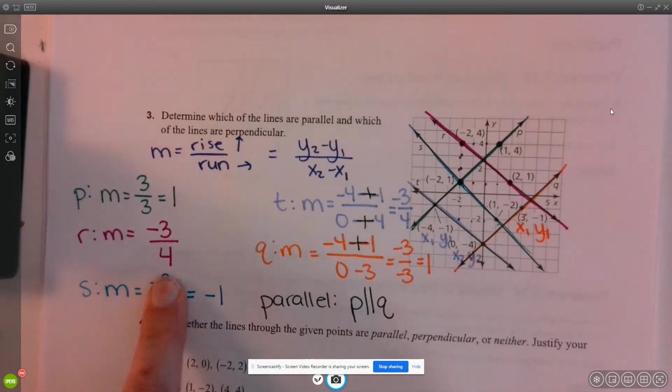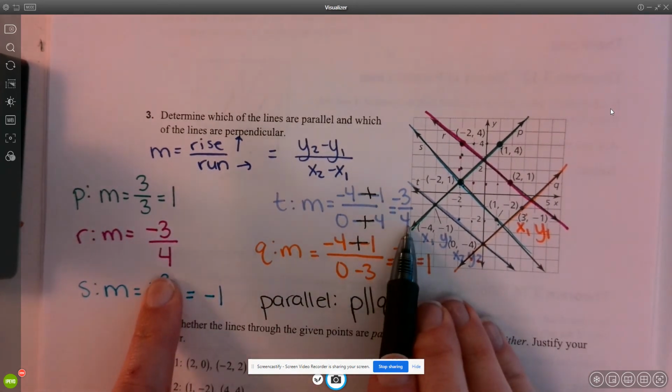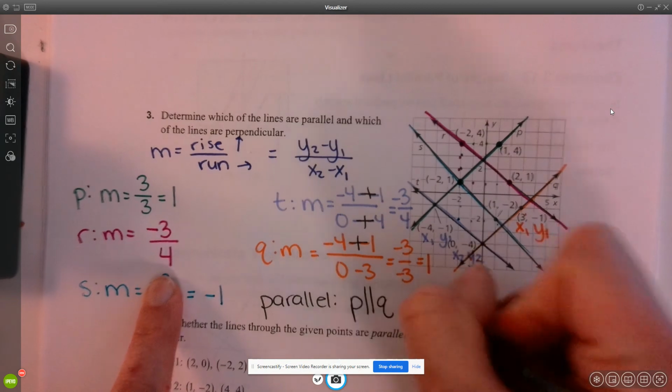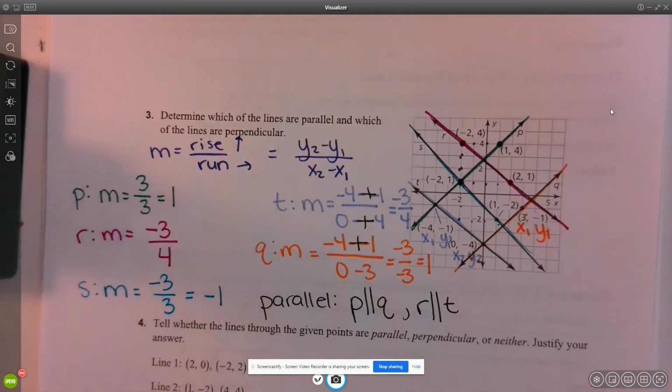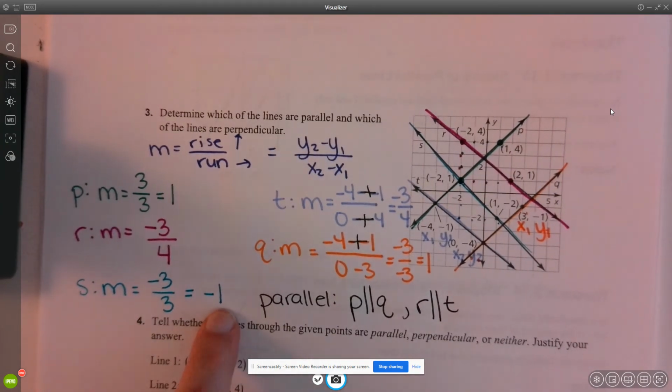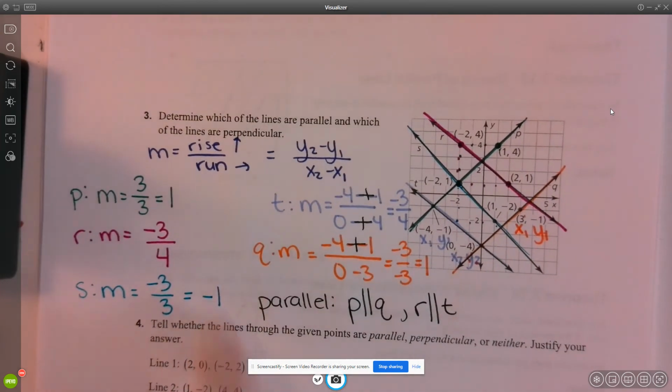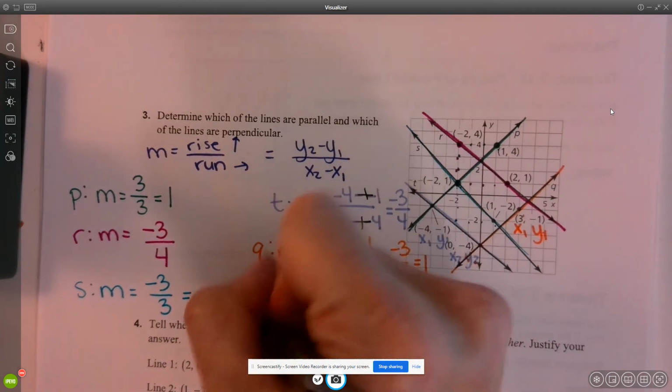There is a line that also has a slope of negative 3/4. That is line T. So line R is parallel to line T. Line S is the only one that has a slope of negative 1, and no other line has a slope of negative 1. So we found our parallel lines.